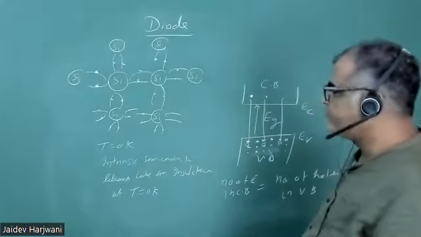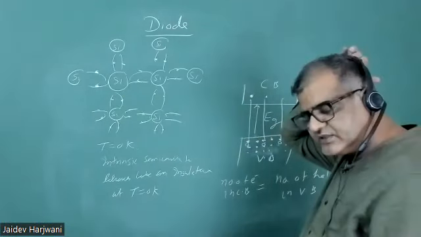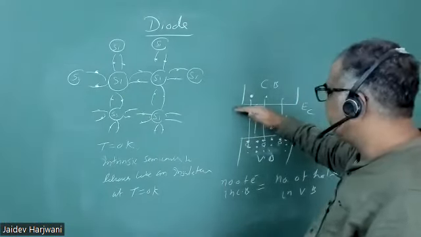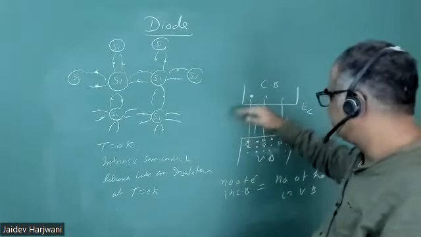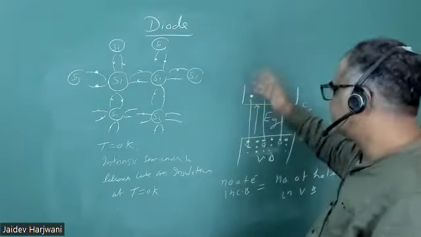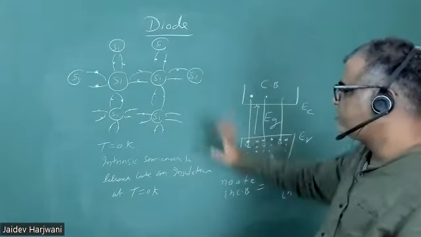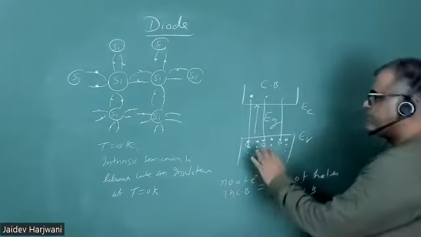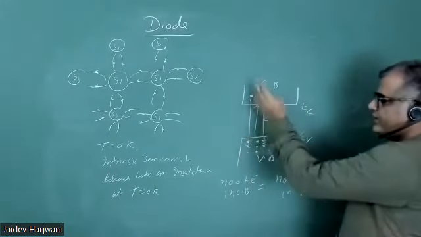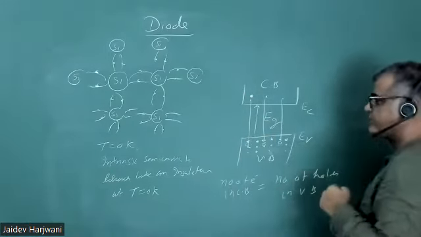There is a possibility that if there is a defect in the system, some energy level of the defect may lie near the conduction band, and that electron can come here. But I am assuming the ideal situation. In the ideal situation, all the electrons are here, you supply the energy, this electron will go here, and the number of electrons in the conduction band equals the number of holes.